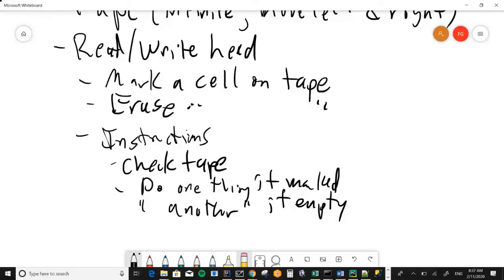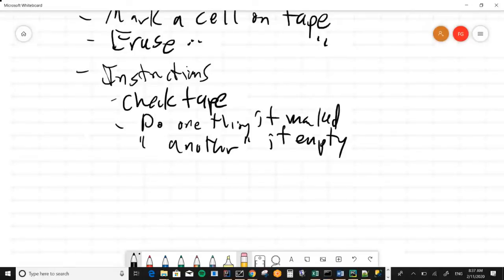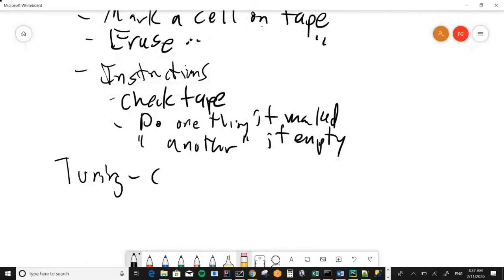So, this idea of a Turing machine is really, really important when thinking about the capabilities of a programming language. That is, if a programming language is capable of simulating a Turing machine, we say that that programming language is Turing complete.